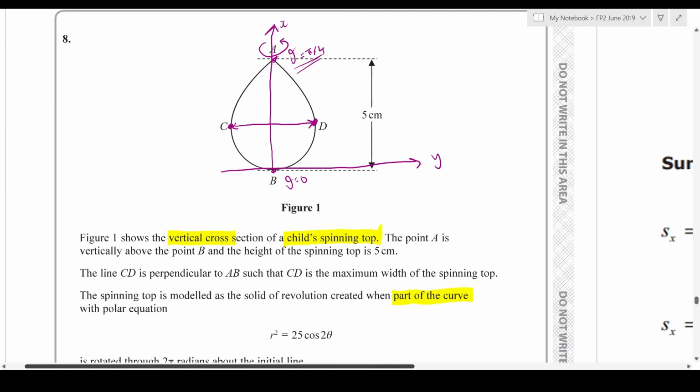Now, what we do know at these points is that we've got a maximum y coordinate, because remember the thing's on its side. So I've drawn the axes like this. So we've got our maximum y ordinate. How do we get a maximum? That's when we've solved the derivative equals 0. So we need to look at solving that.